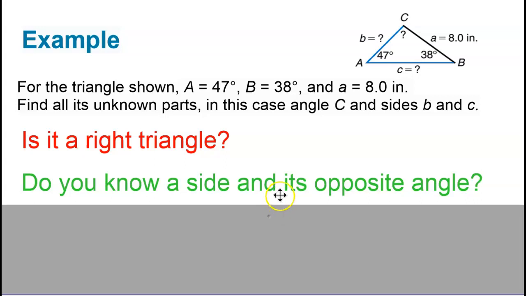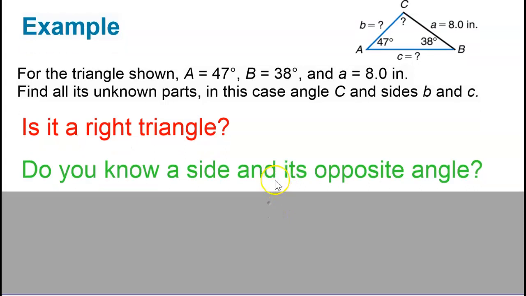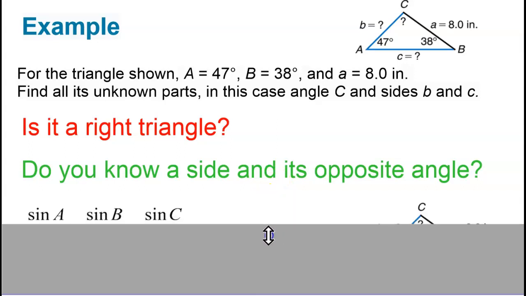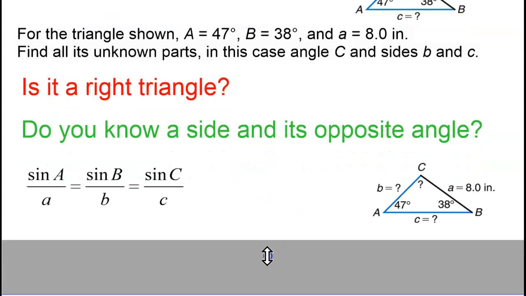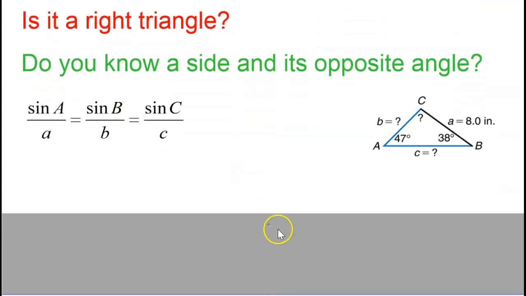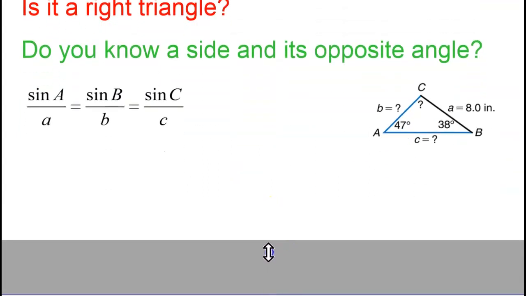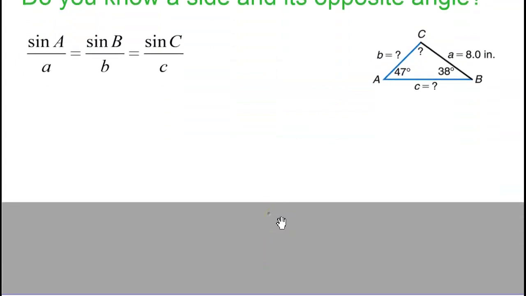Yep, we sure do. In fact, we know two angles and a side, so we know it's going to be case 1. Since we're going to be using the law of sines, we have them right here. We're going to solve this triangle.